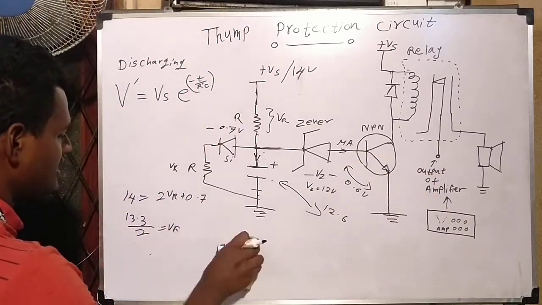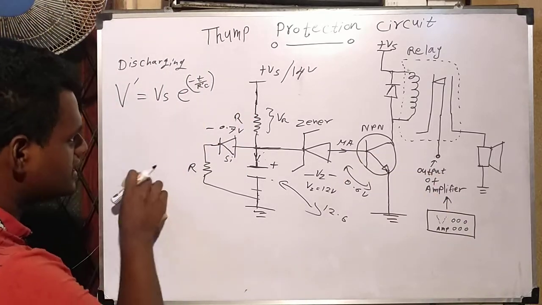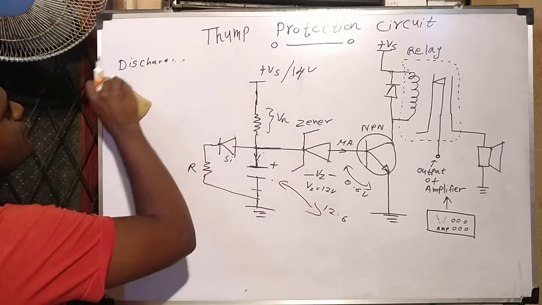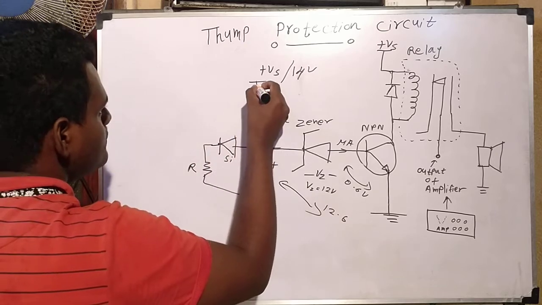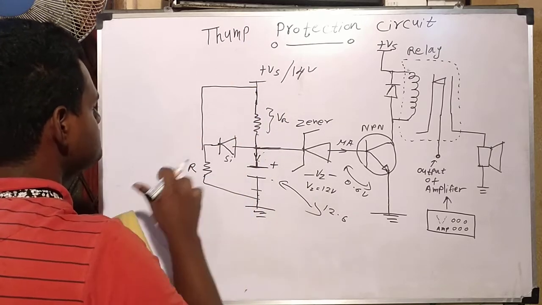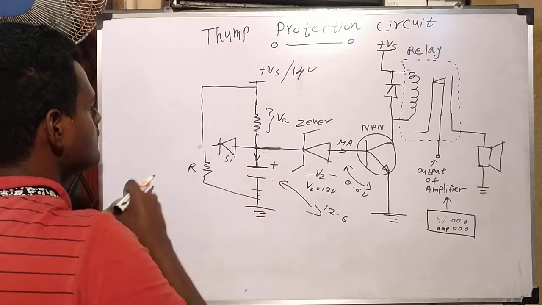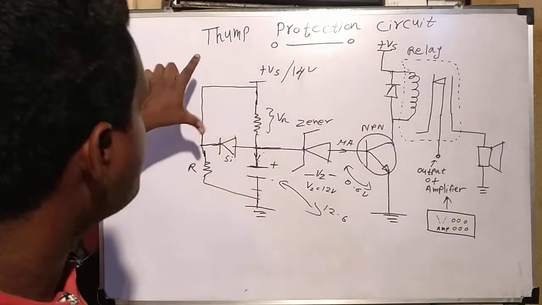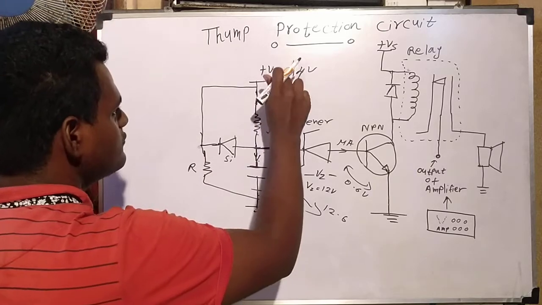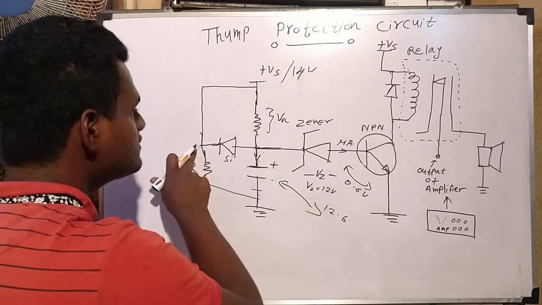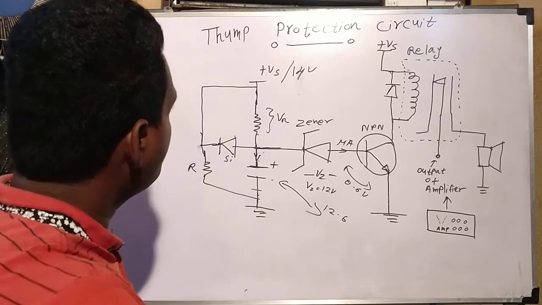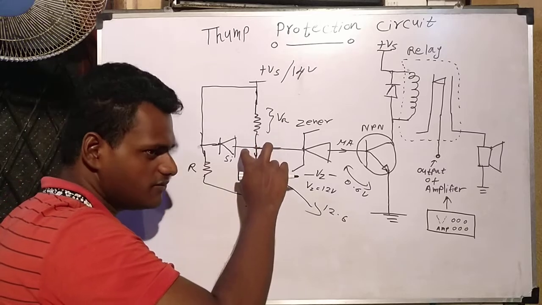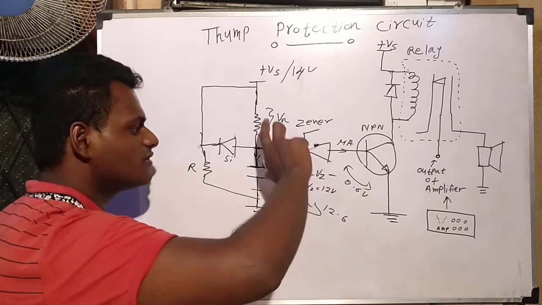What do we do? I have another method. I apply this into here, to this junction. Now this is also plus VCC 14 volts, and this is also plus 14 volts. There's no current going until the capacitor is fully charged to 12.6 volts, no problem.